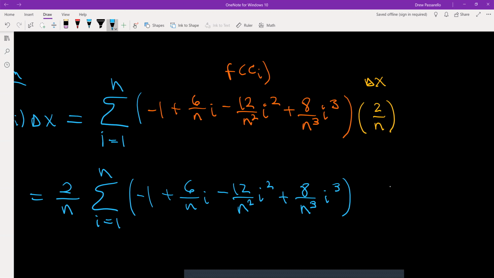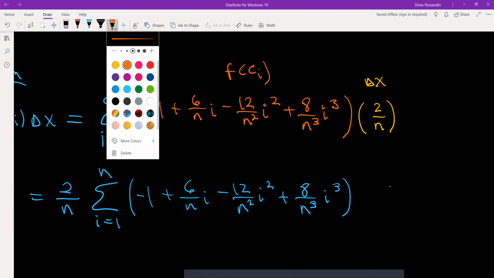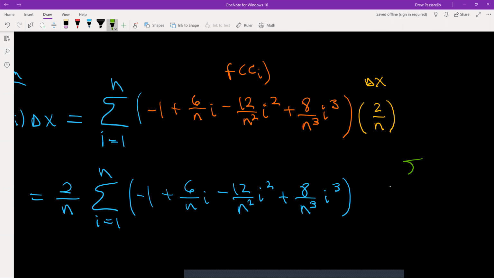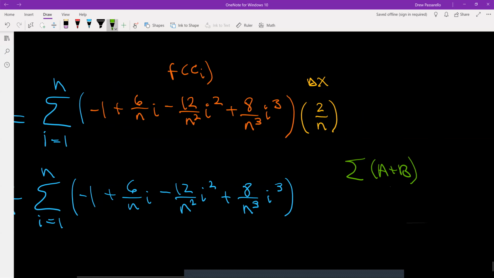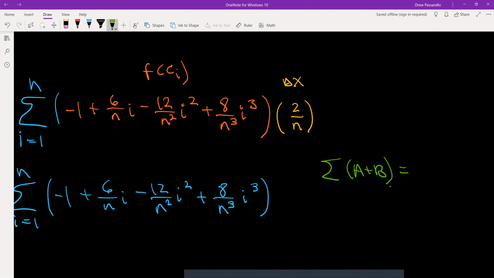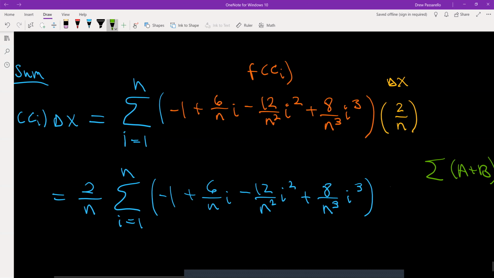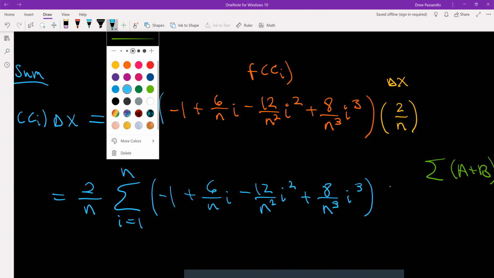So for each component, I can break it up into its own summation, right? Because I have just a general rule that anytime I have a plus b, you can break it up as the summation of a plus the summation of b. So for all of this, I'm going to break it up into its own summation. But since it's all being multiplied by 2/n, I'll put it in brackets.